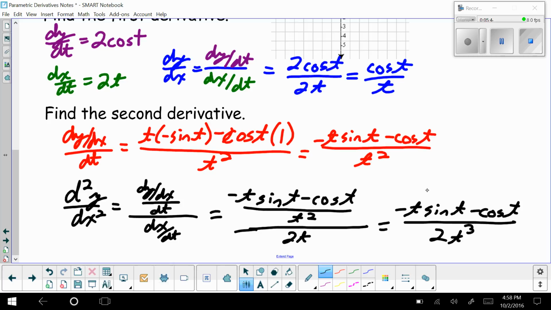And this is my second derivative of y with respect to x, because we've taken into account that if we just take the derivative of dy/dx, that's with respect to t; by dividing by dx/dt, it's now back with respect to x.